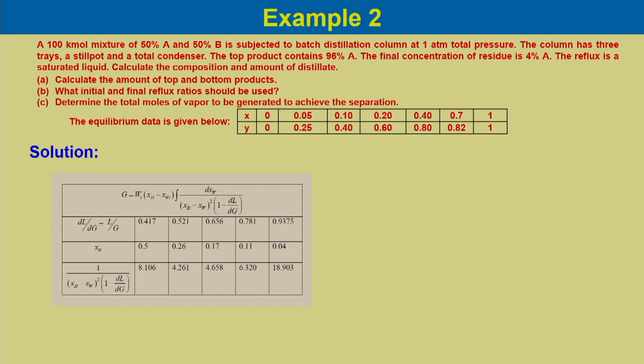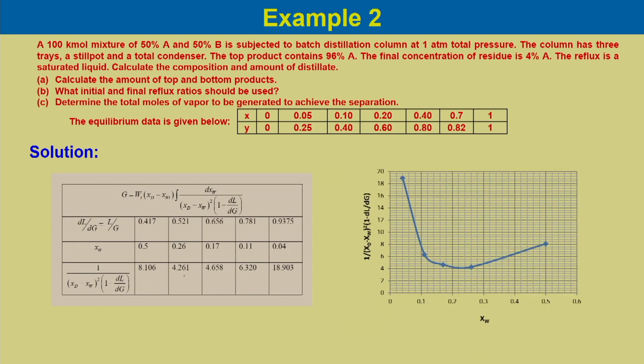Now, you plot this 1 by (xd minus xw) square into (1 minus dL by dG) versus xw. If you plot, you will get this type of figure, and this is from 0.04.